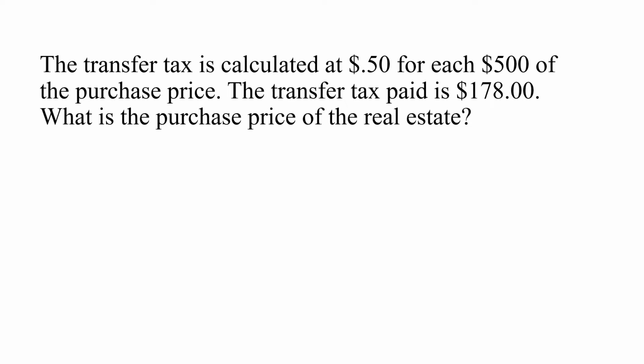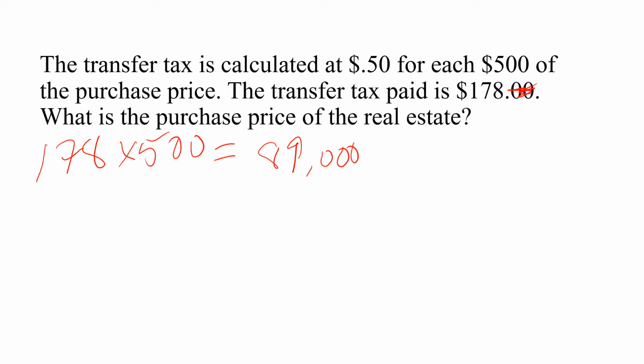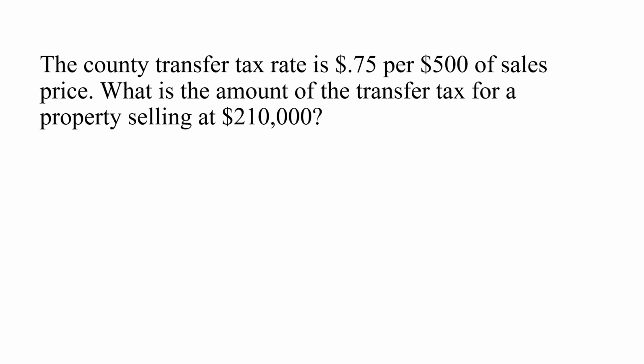So we're going to take our 178, times 500 equals 89,000 divided by our tax equals $178,000. So we're just working this one backwards. So instead of dividing by 500, we multiply by 500. And where we've been multiplying by our tax rate, we're dividing. So we're just changing our function, that's all.